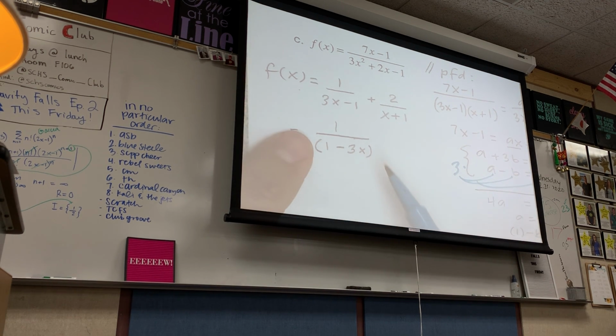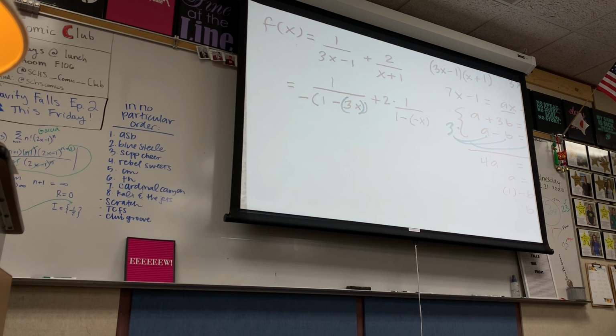So covering up this negative, you have it of the right form. 1 over 1 minus 3x. The second one, pull the 2 to the front, and you have 1 over 1 minus negative x.